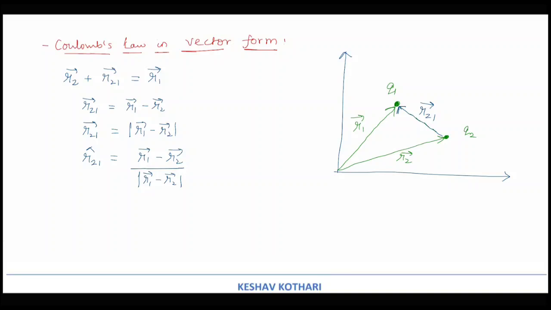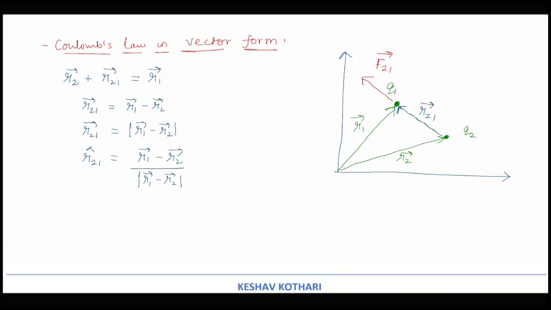Now if we consider the force acting between the two charges, let us consider the force exerted by 2 on 1, which is in this direction. We are calling it F21 vector.